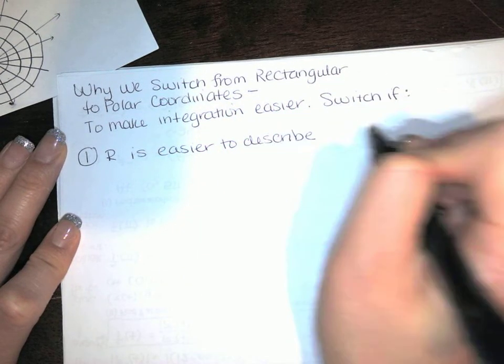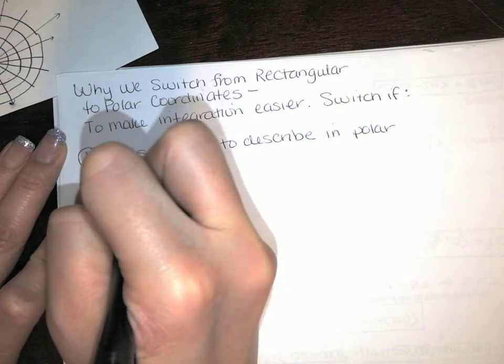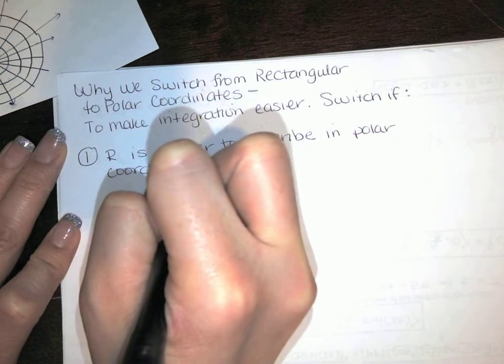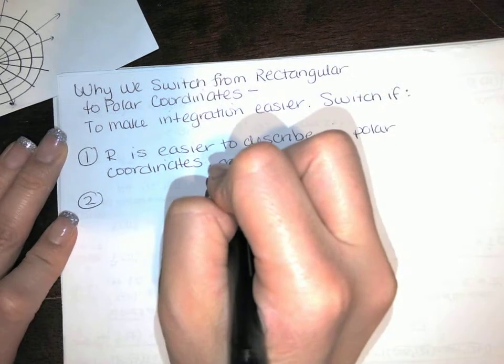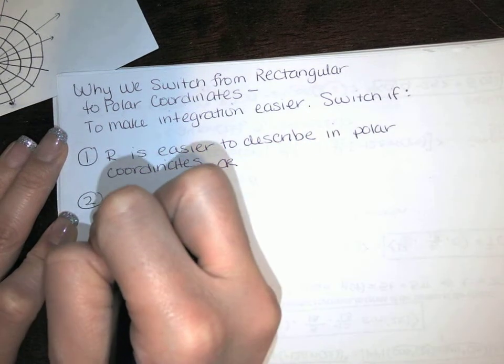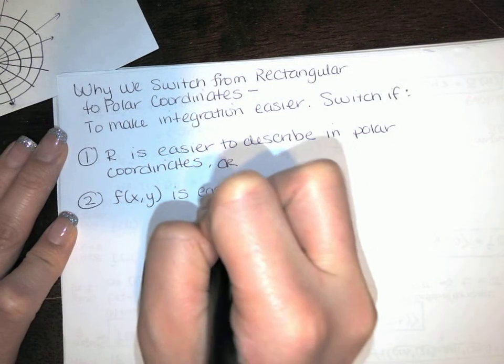R is easier to describe in polar coordinates, or f of x, y is easier to describe in polar coordinates.